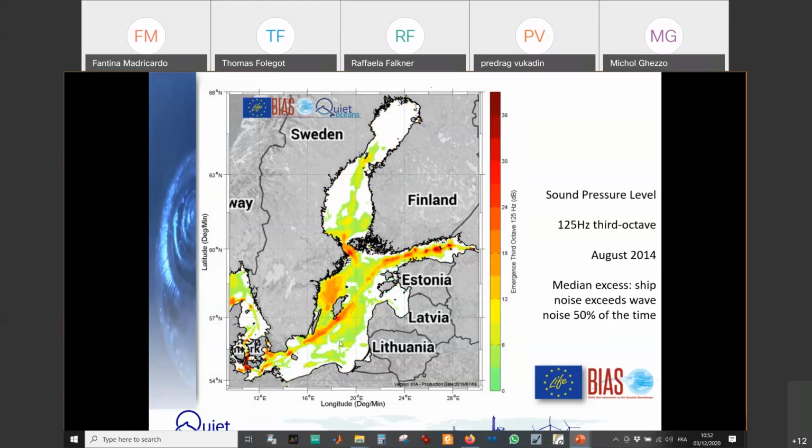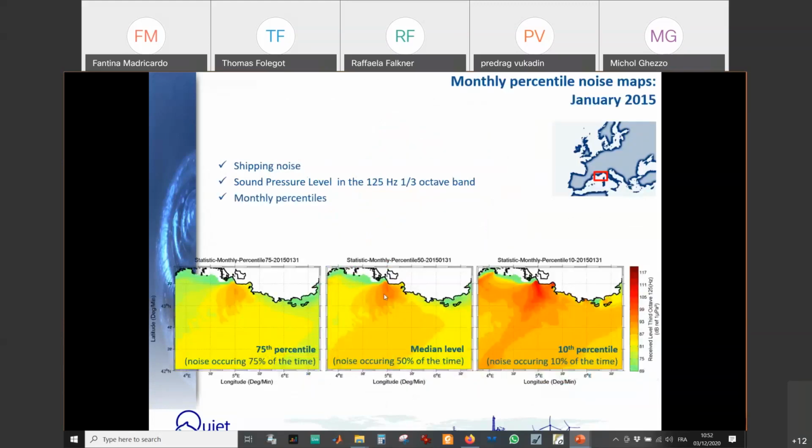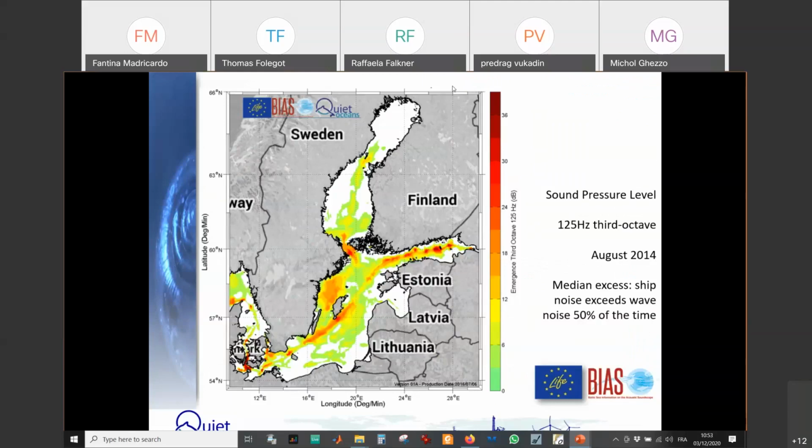That's the beauty of the modeling, that we can map this and model that. Here's the example for 1 month, I think this is August, and that's the excess level.